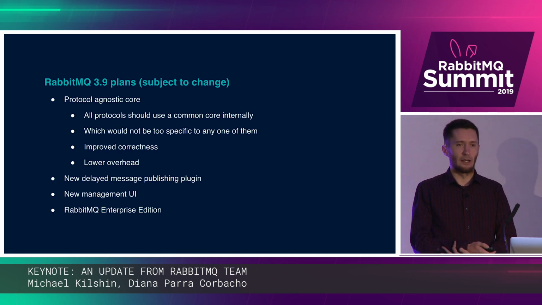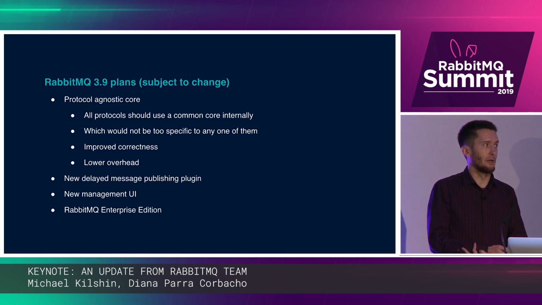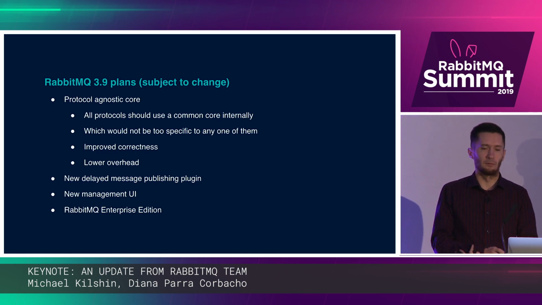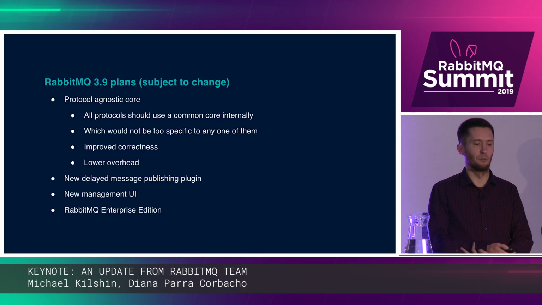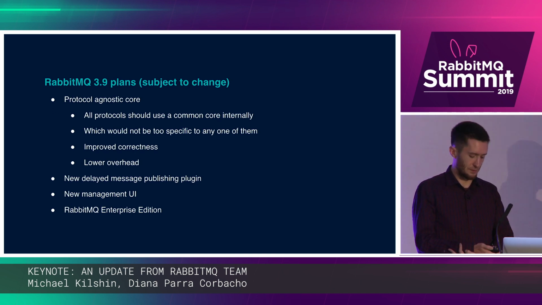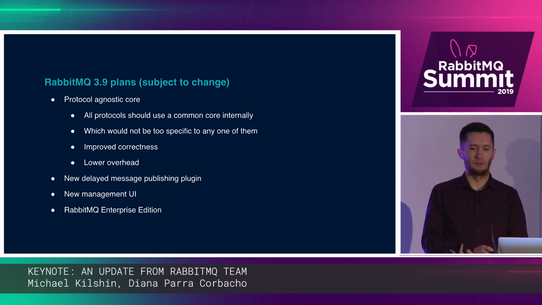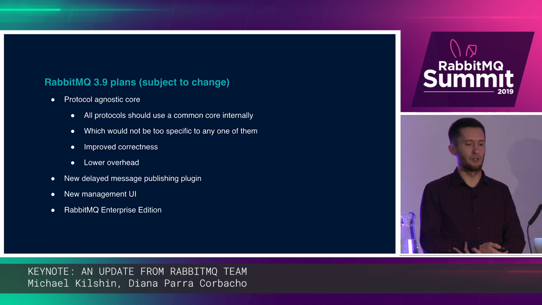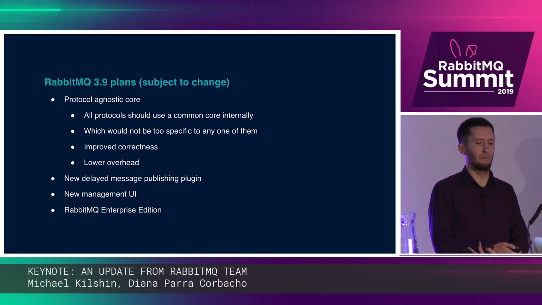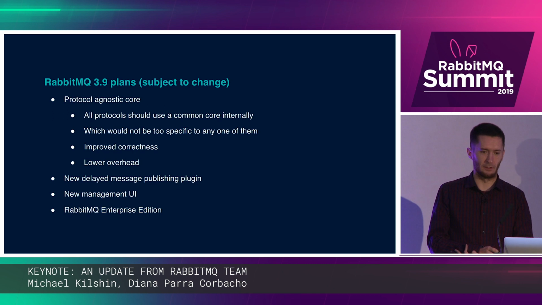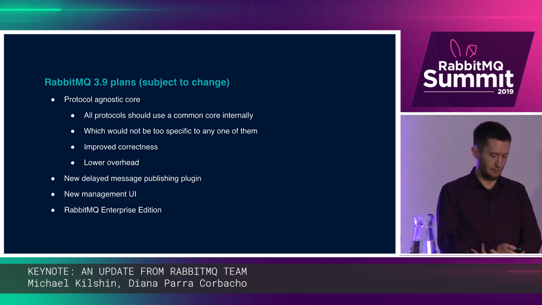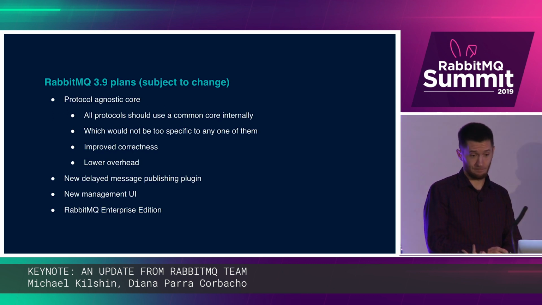We would like to make that distributed because it has a good natural fit with Raft and the way it is used. So what that means is you will have a single set of delayed messages in publishing, which is not node specific, basically. And that is coming in 3.9.